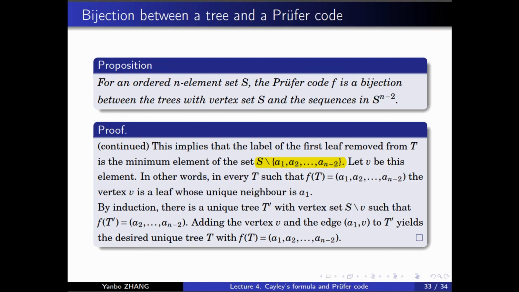This is by induction. So adding the vertex V and the edge a1V to T prime, we get the desired unique tree T with F(T) equals a1, a2 to a(n-2). So our proof is done.